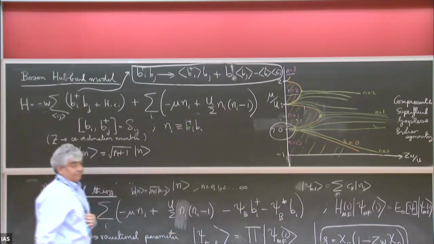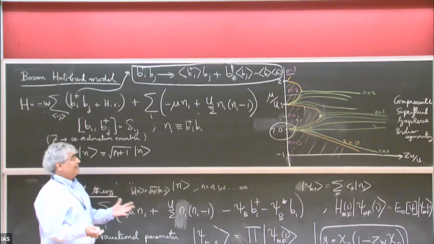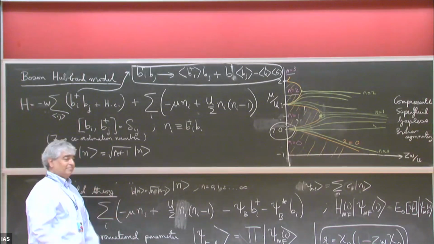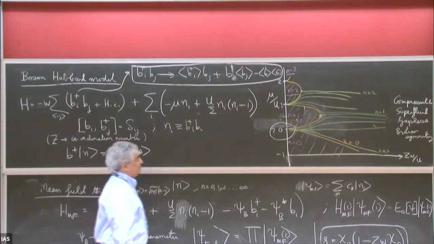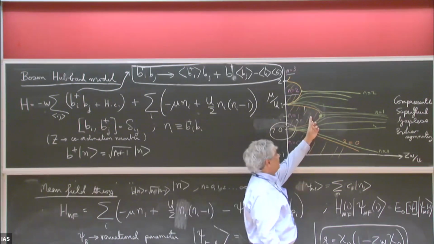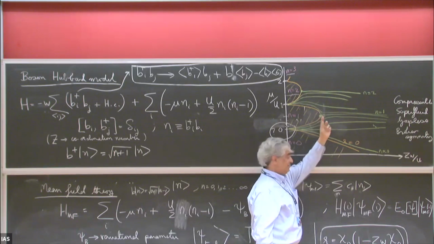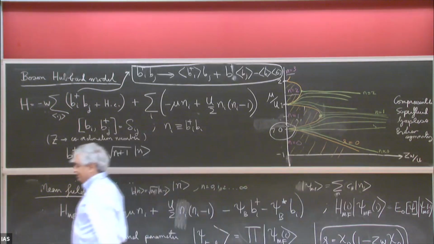All right, so just from this picture, you can see that there turn out to be 3 different types of phase transitions. There's one phase transition here, which is at fixed density. So there are 3 different types of QPT.